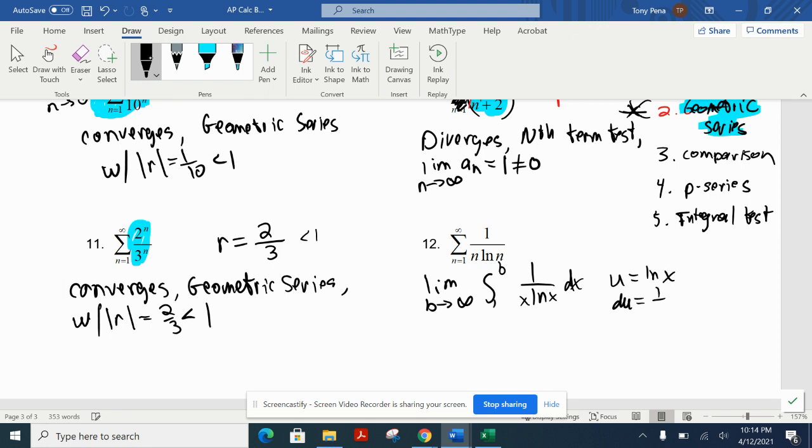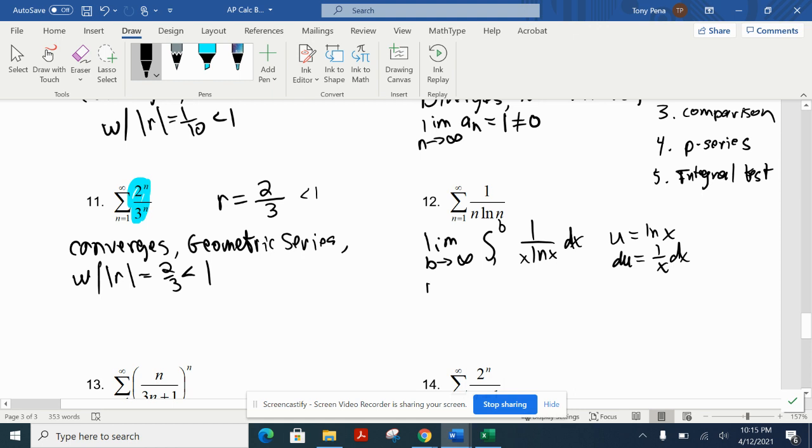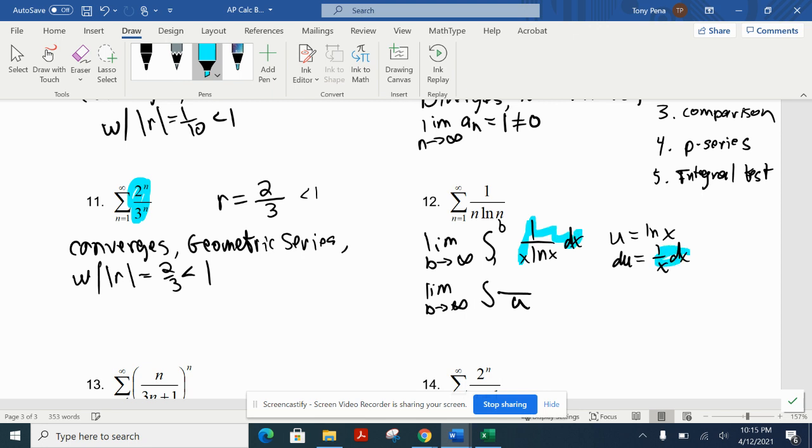Our du then nicely is 1 over x times dx. So as we go to set this up, I'm going to have the u in our denominator, that's the natural log of x. And then the 1 over x and the dx I've created, and I can get rid of it by just placing the du there.